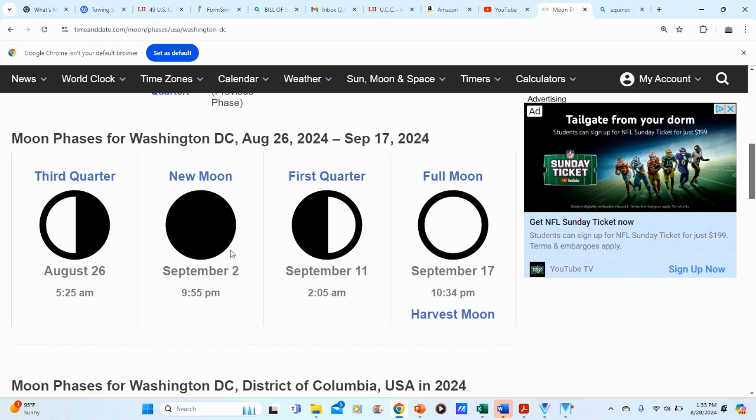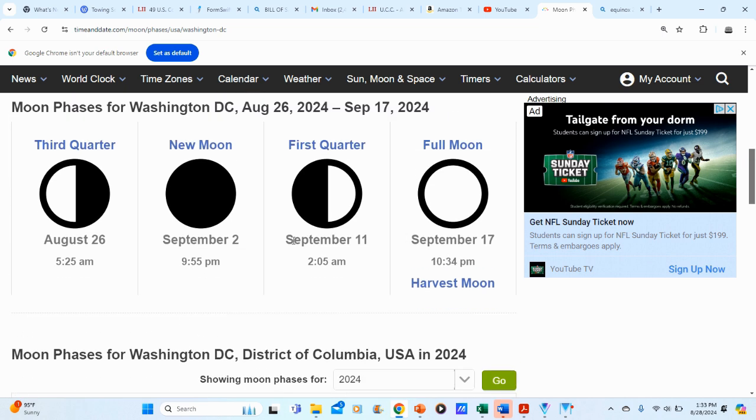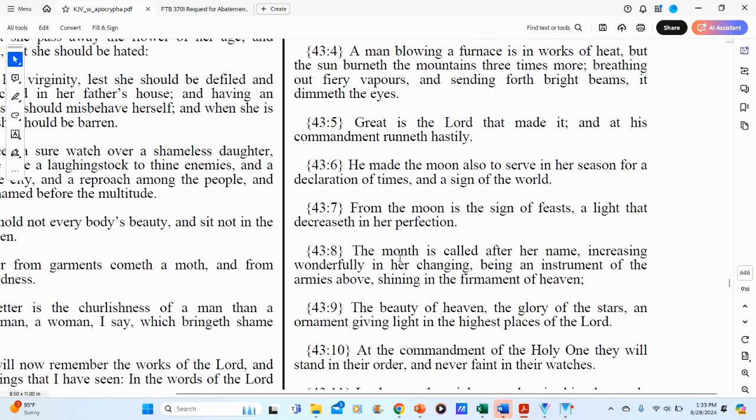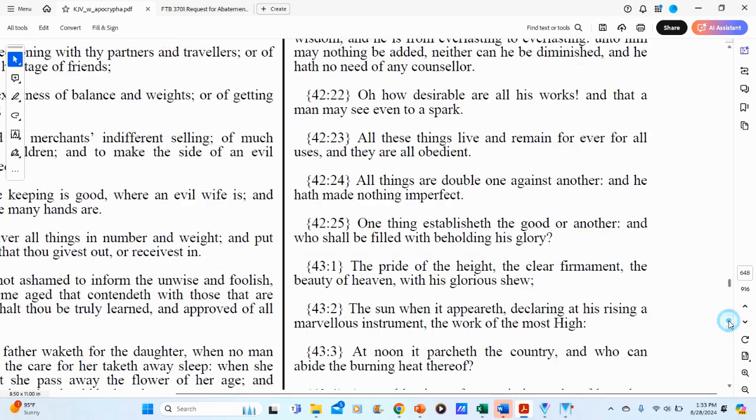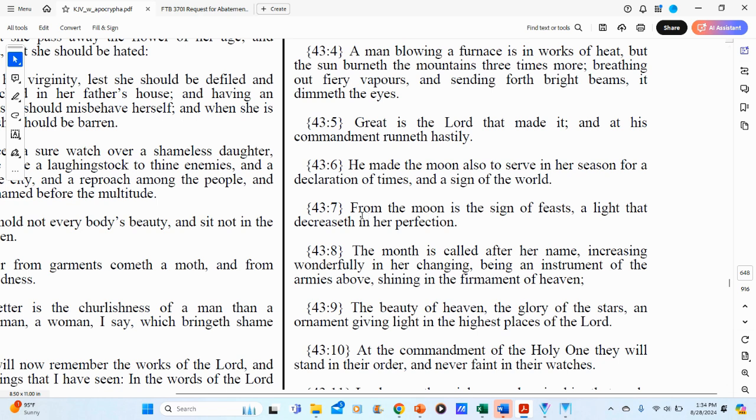You're supposed to use the moon for feast days. Like this new moon is a new month or new moon cycle. But that's it. You're not supposed to be using this for days. Let's get a witness right here. So this is Sirach 43:7. From the moon is the sign of feast.